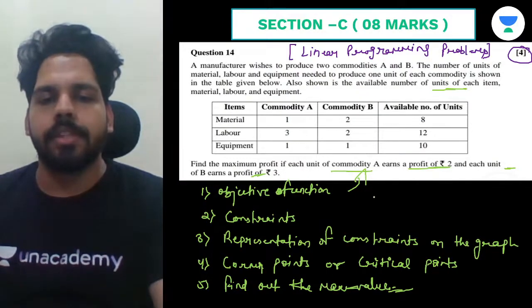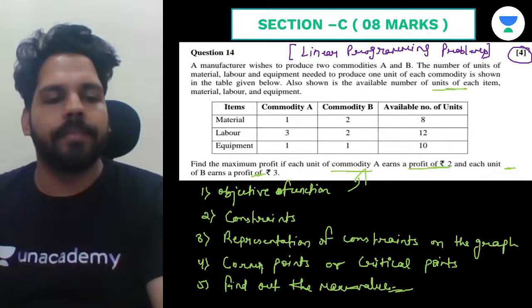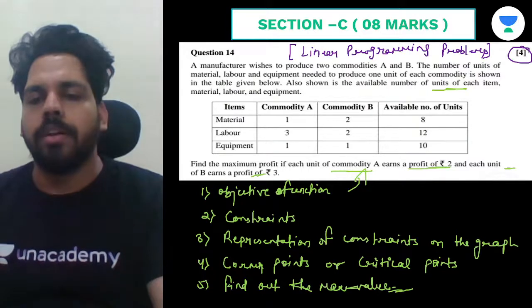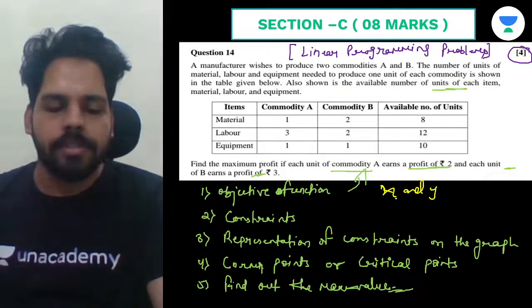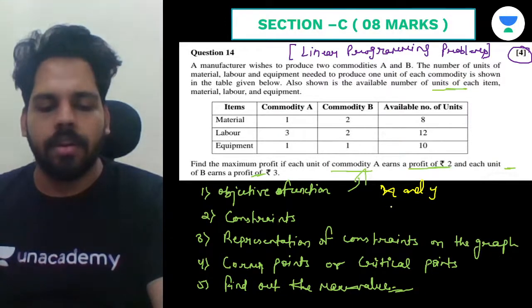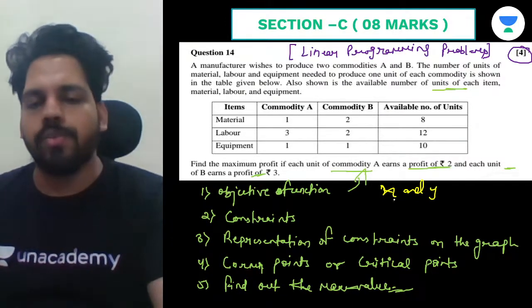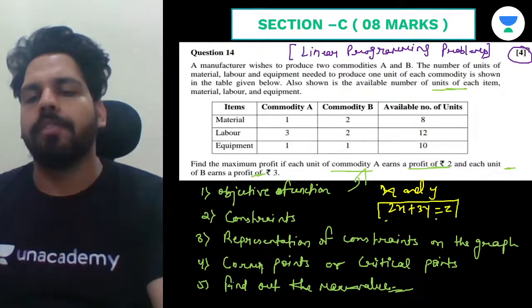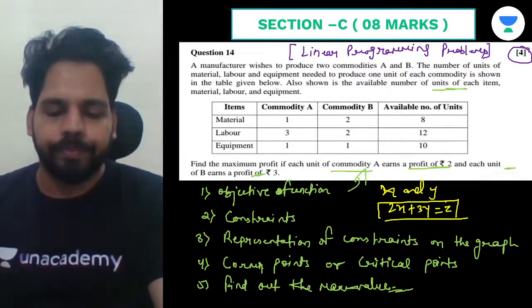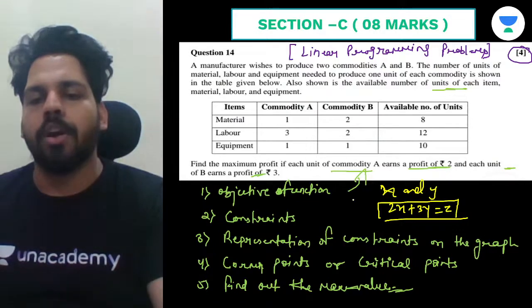See, if we are taking the number of units as x and y, our objective function will be 2x plus 3y, that is equal to z. This will be our objective function which we have to maximize. This only we have to maximize.